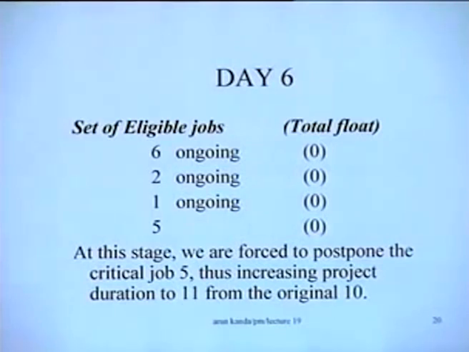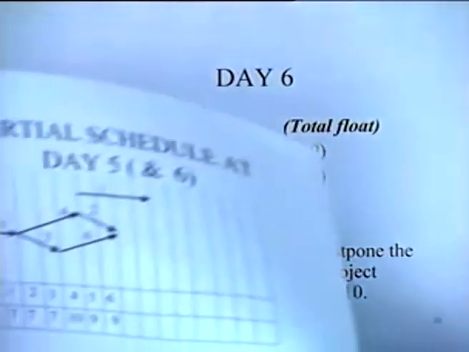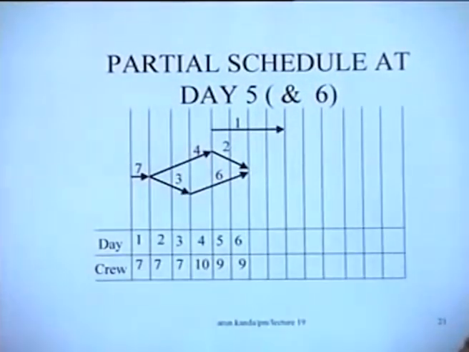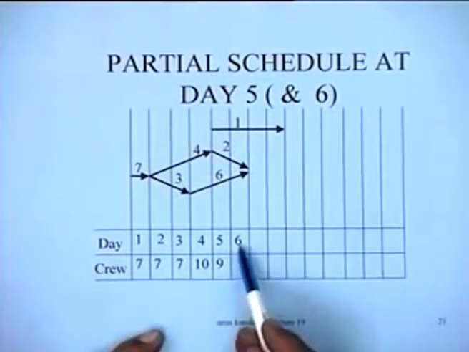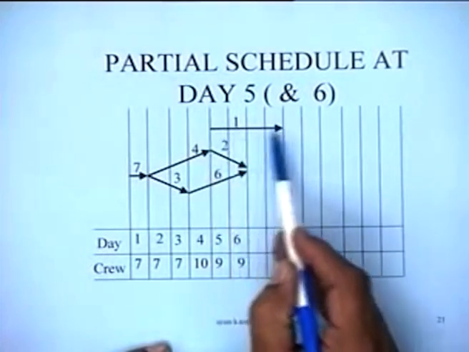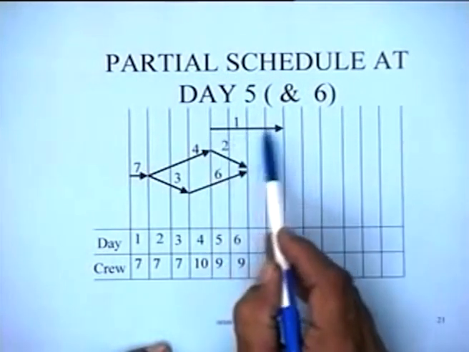At this stage, based on the decisions on day 5 and 6, let's see what our partial schedule looks like. So now you find that on days 5 and 6, the decisions were 6 and 2 are ongoing, and we had scheduled 1 also in parallel, and 1 will have a duration of 4 days like this.